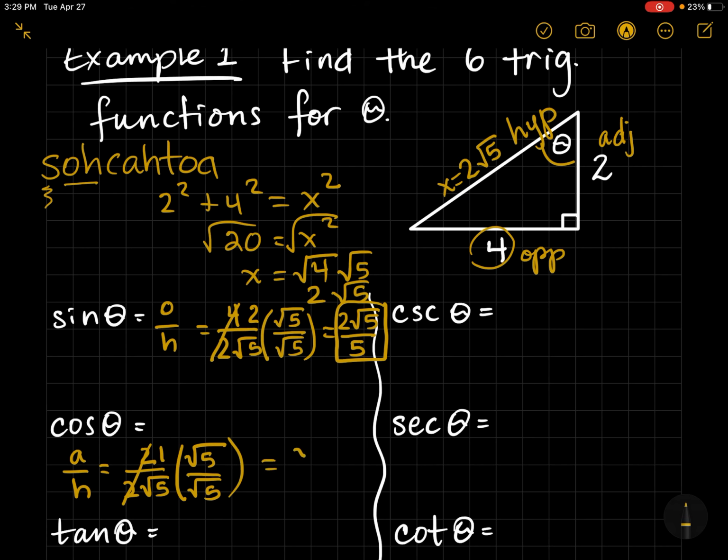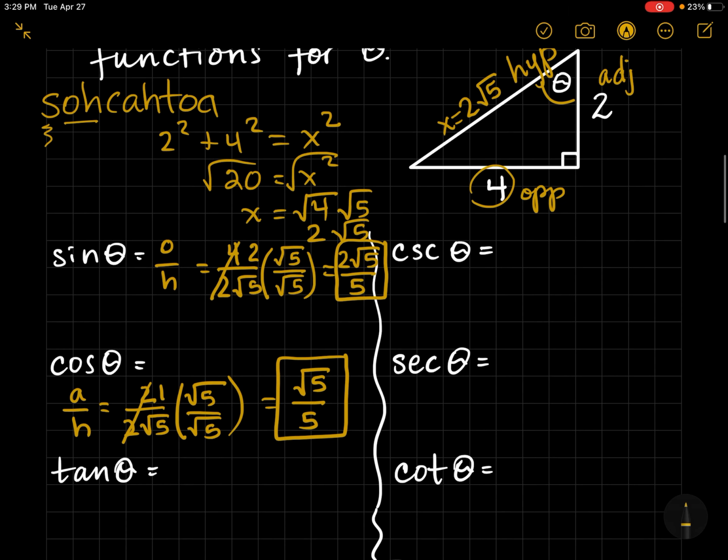So on top, I get the square root of 5, and on the bottom, 5. Now for the tangent, I need opposite over adjacent. And that simply reduces to 2.